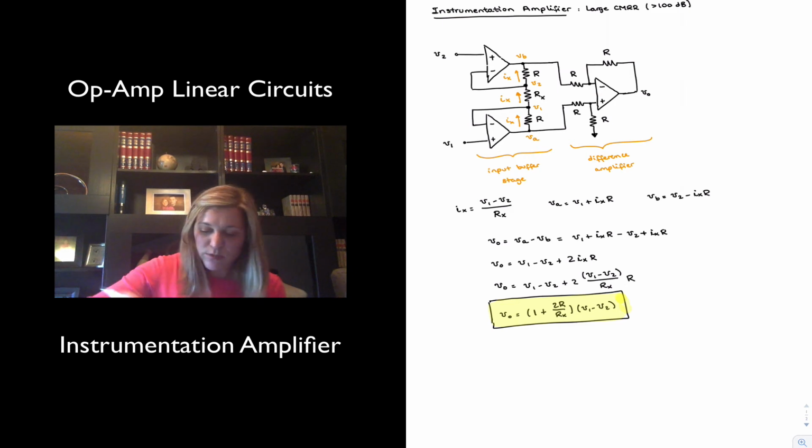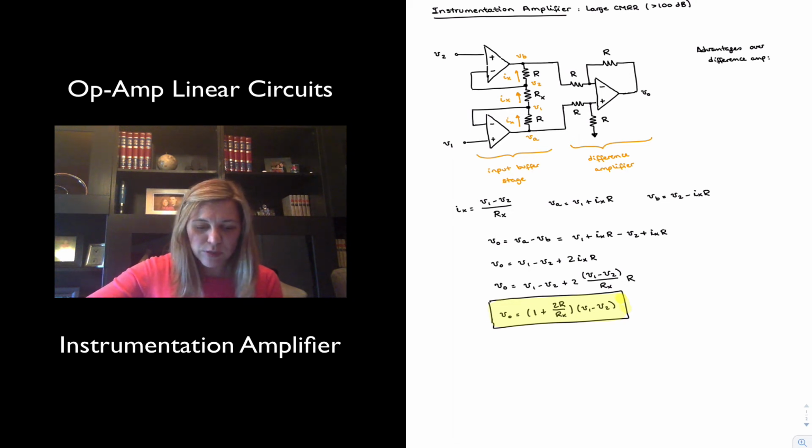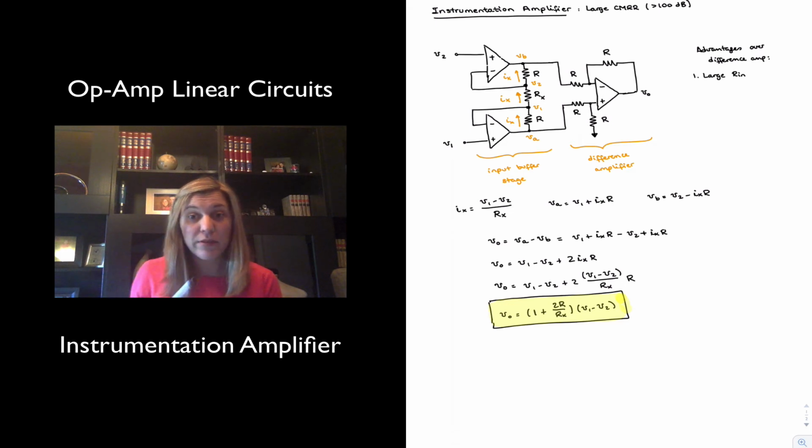The advantages we said we were going to mention, over the regular difference amplifier. Well, one of the disadvantages is obvious. It's going to use a lot more devices, so a lot more room, and typically a little bit more expensive. The advantages are, one, it has an increased value of input resistance, because notice that the input signals are now being fed into buffer stages.